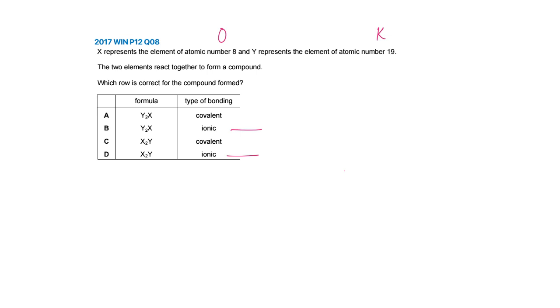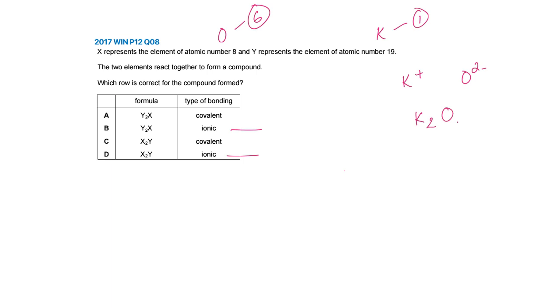Potassium is in group 1, oxygen is in group 16. Potassium will form a charge of positive 1, oxygen will form a charge of 2 minus, and to balance it out, it's going to be K2O. That's an ionic compound, potassium oxide, dipotassium oxide maybe, right?